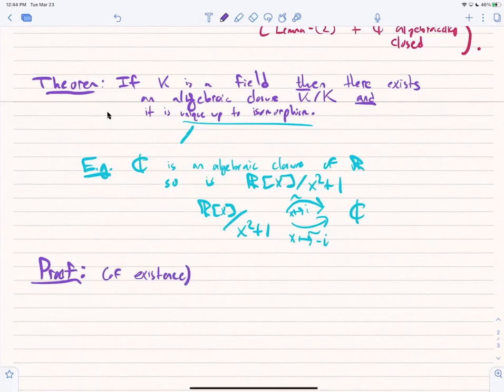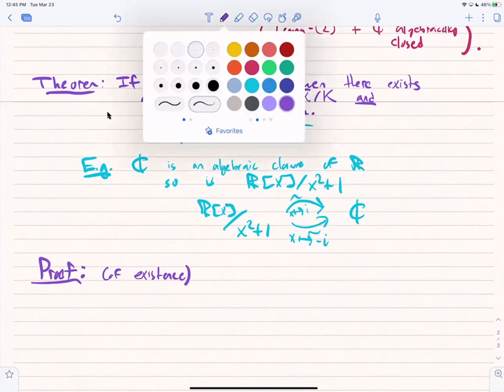Once you know they exist, then proving they're isomorphic is not so hard, and it basically uses the thing I just said. You look at larger and larger subfields and pick isomorphisms. You have to pick them in a compatible way, but you can.